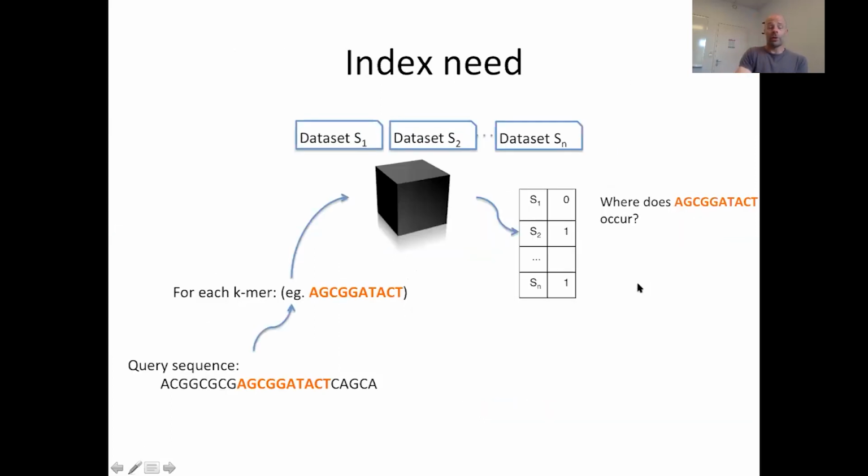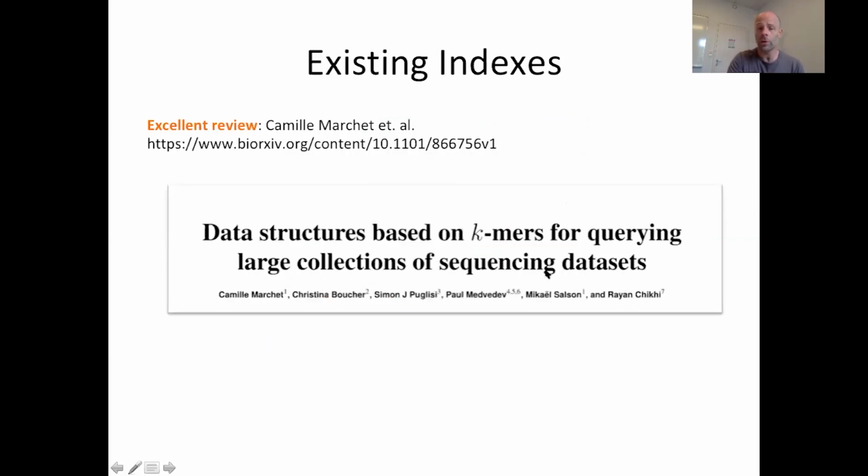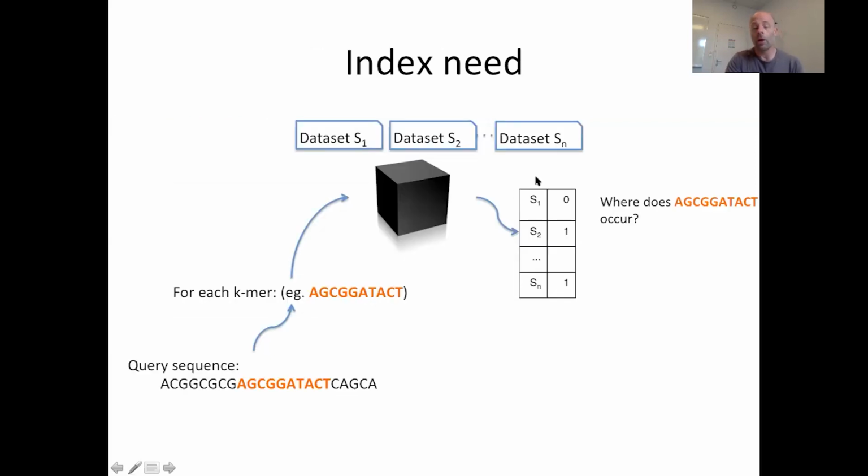But for doing this, what we need is an index, represented here as a black box, and this index must be able to answer the very simple question: does this k-mer, so for instance here I took a k-mer of length 10, does this 10-mer occur in dataset 1, does it occur in dataset 2, and so on. So where does this k-mer occur?